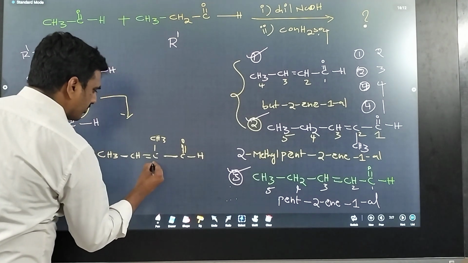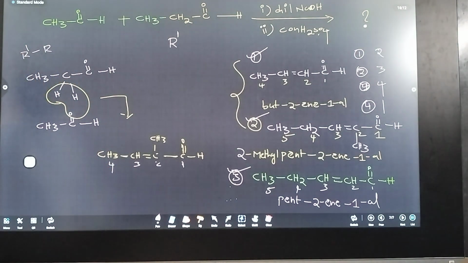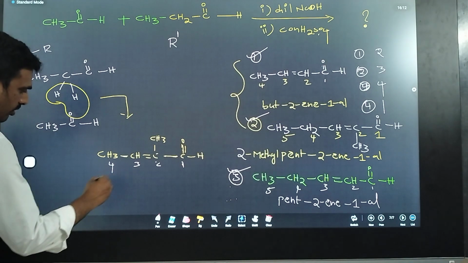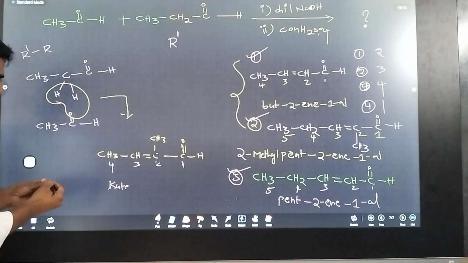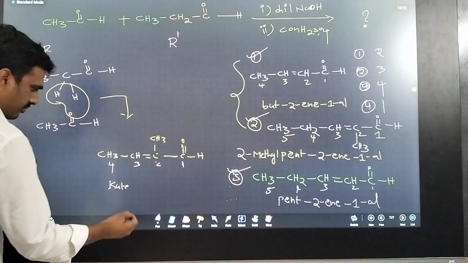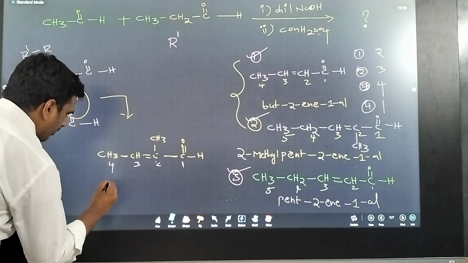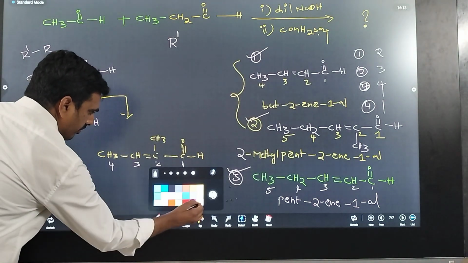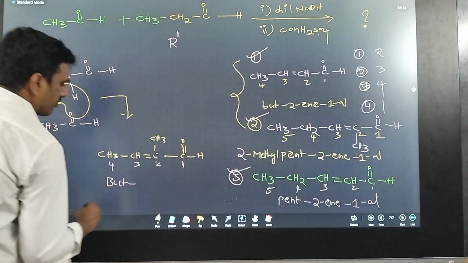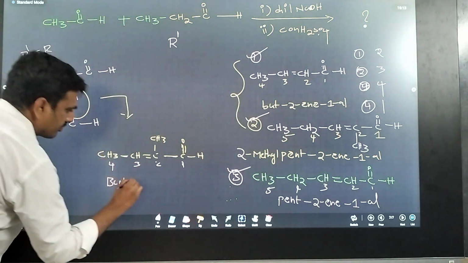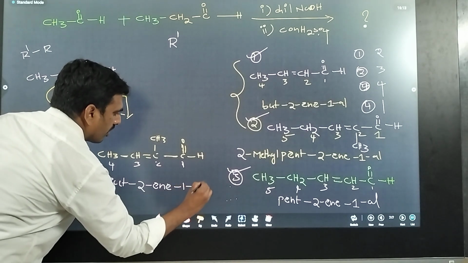1, 2, 3, 4. So root word is 4, root word is but. So but-2-en-1-al.